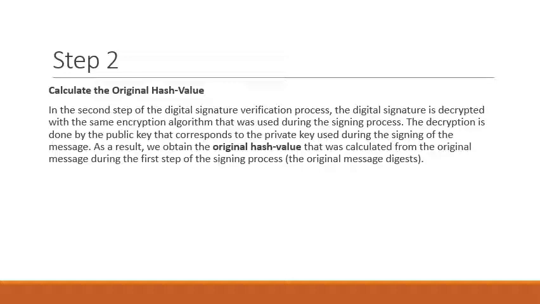This basically means the public key must match the private key and the original hash value must match the current hash value in order for it to work. We obtain the original hash value that was calculated from the original message during the first step of the signing process.